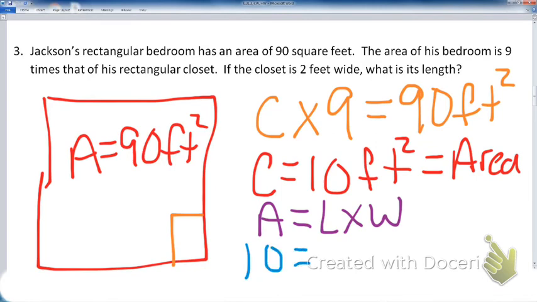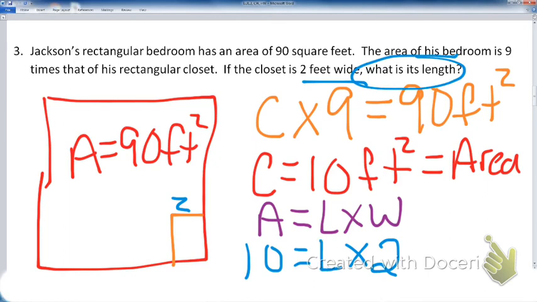So let's read the rest of the question. It says if the closet is 2 feet wide, perfect. We have our width. His closet is 2 feet wide. We need to know the length. We have our area, which is 10, and our width, which is 2. What number times 2 gives us 10?